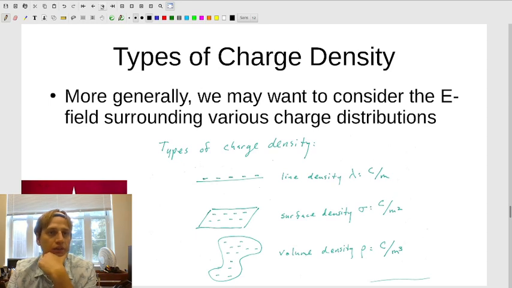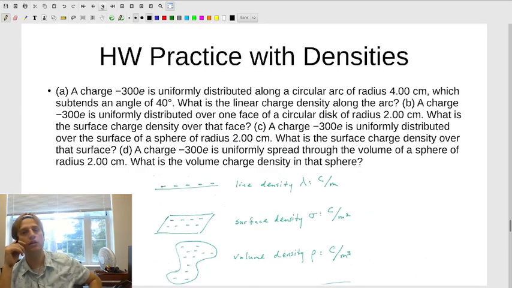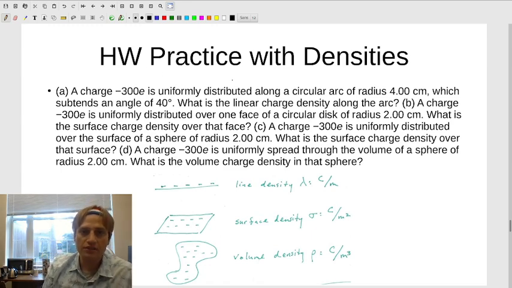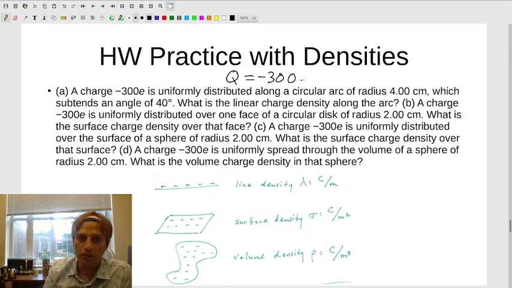Now, I did give a homework that has to do with this, and I just want you to practice. So in each one of these cases, it's having you calculate line densities, surface densities, and volume densities. It's having you use the same charge in each case. So minus 300 e, remember e is that 1.602 times 10 to the minus 19th coulombs.